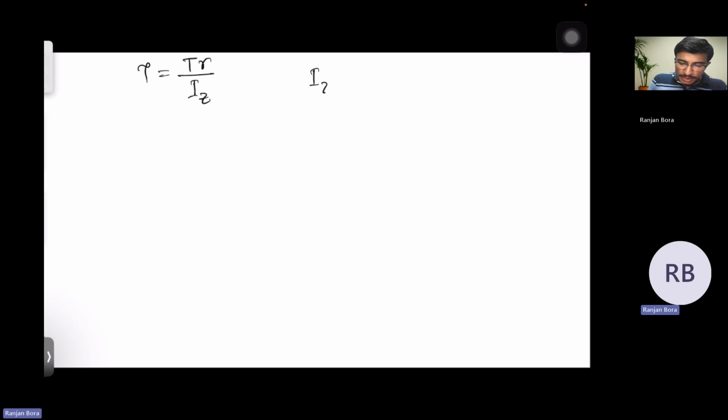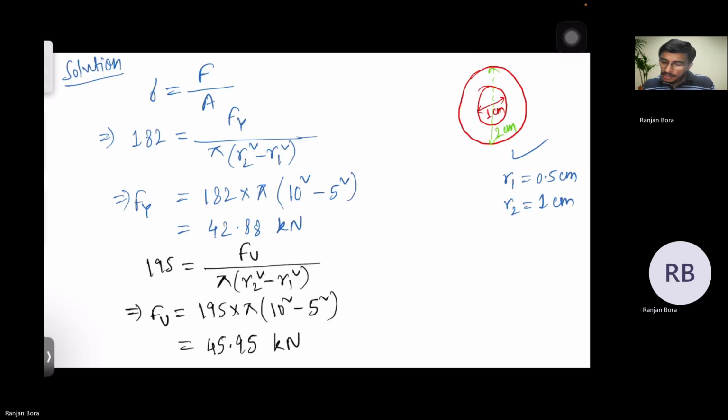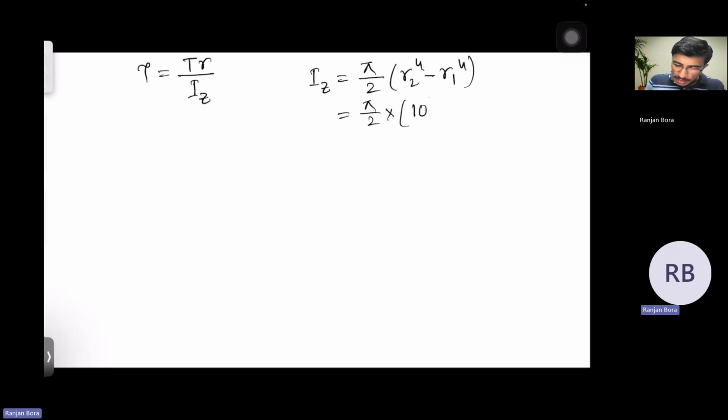For this cross section, Iz will be pi by 2 times (R2 to the power 4 minus R1 to the power 4), which is pi by 2 cross (10 to the power 4 minus 5 to the power 4) in millimeter.